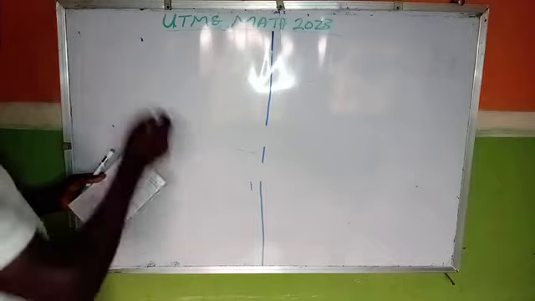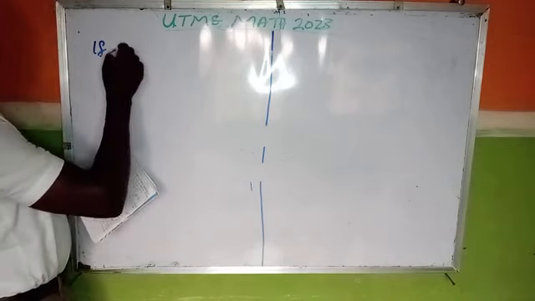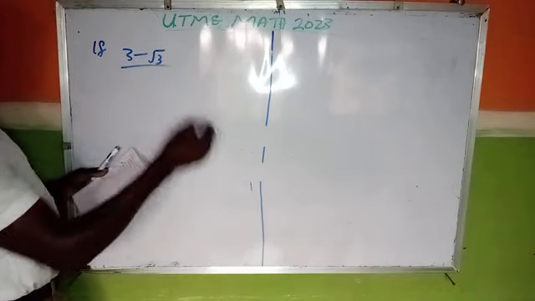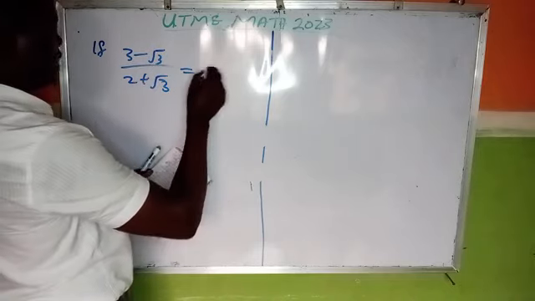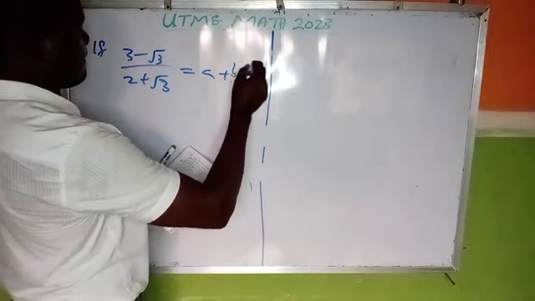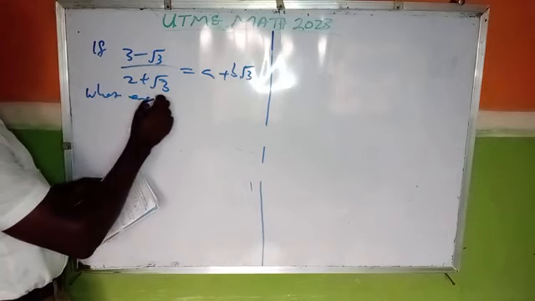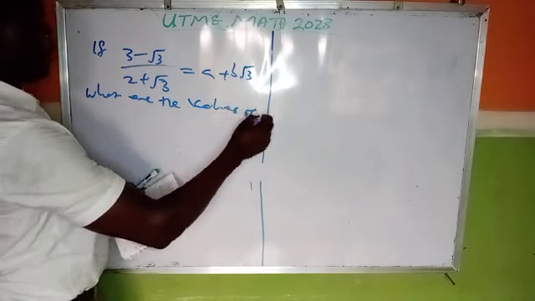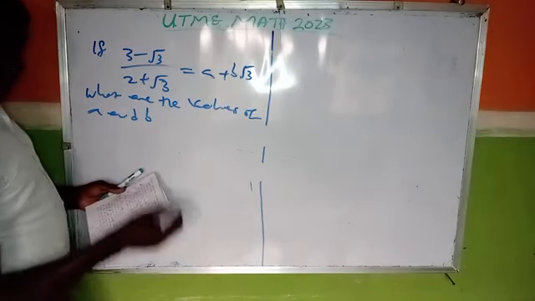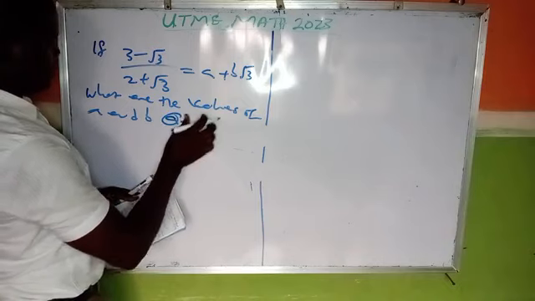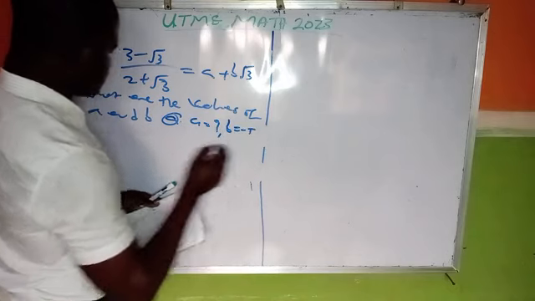Then look, here you have: if 3 minus root 3 over 2 plus root 3 equals A plus B root 3, what are the values of A and B? Option A: A is 9, B is minus 5.